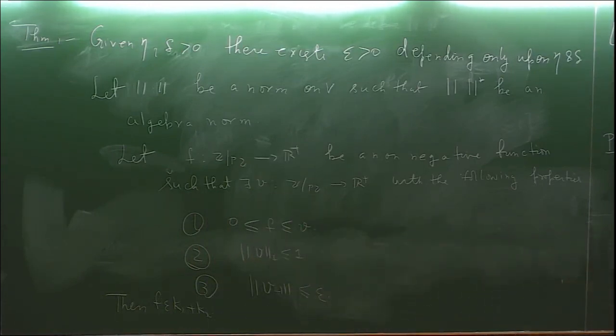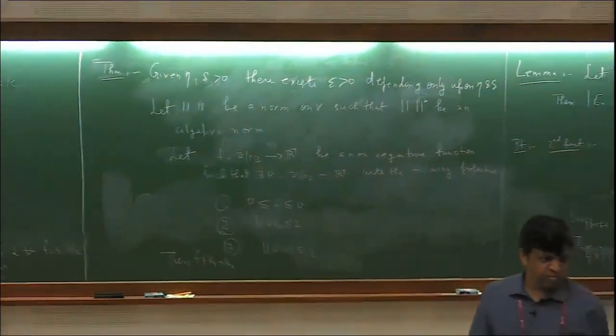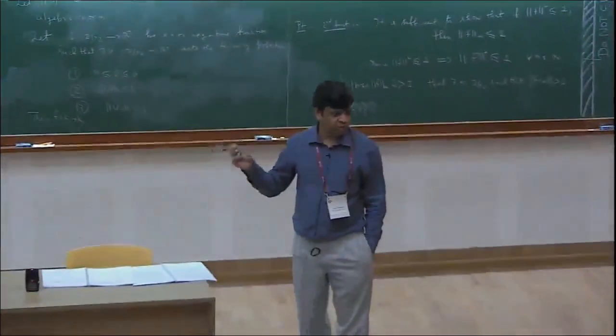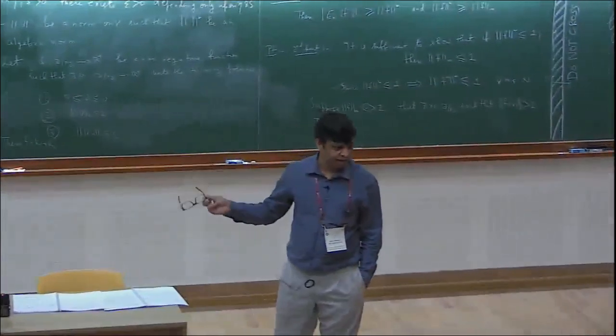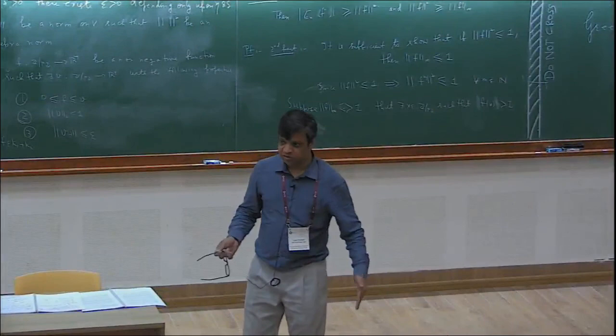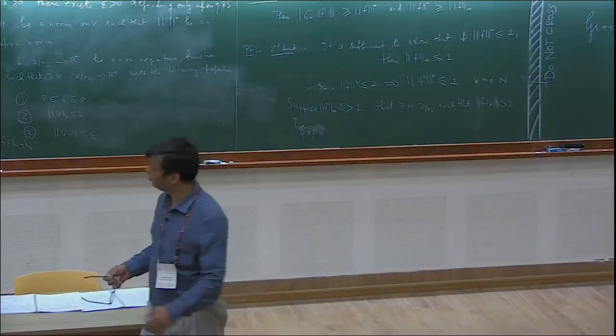Eta and delta are there in the definitions of K1 and K2. If you want to control the norm of the error term by eta, then it must be good. We go on 1 minus delta inverse.